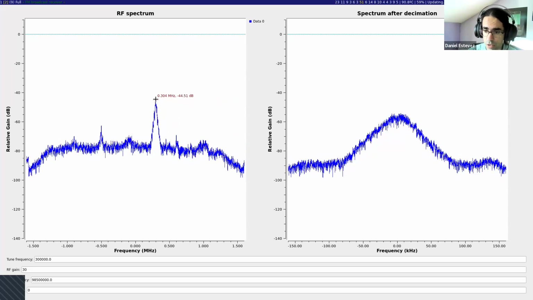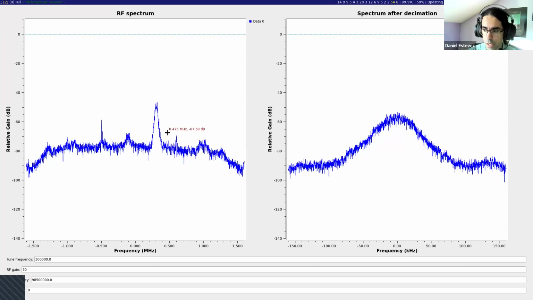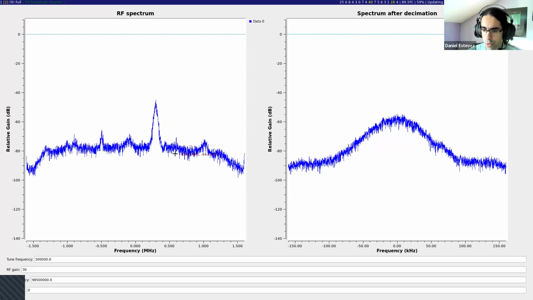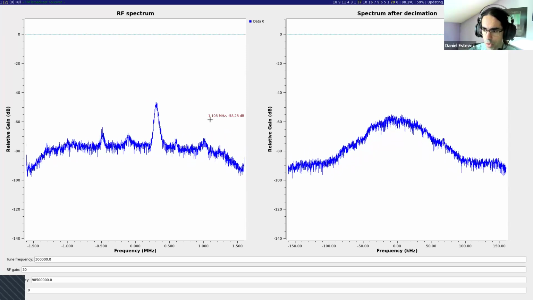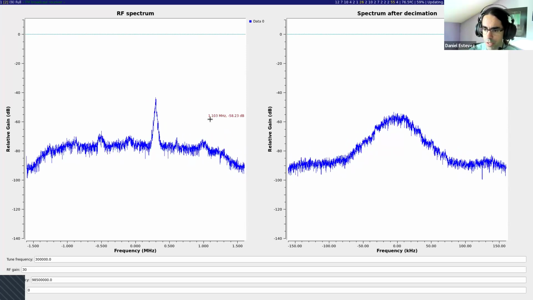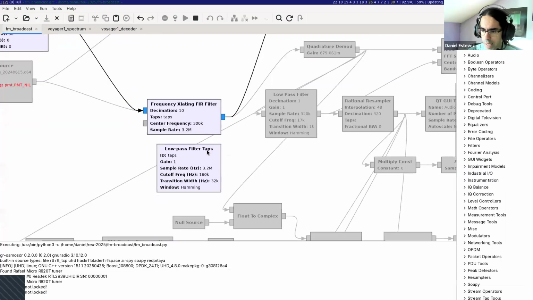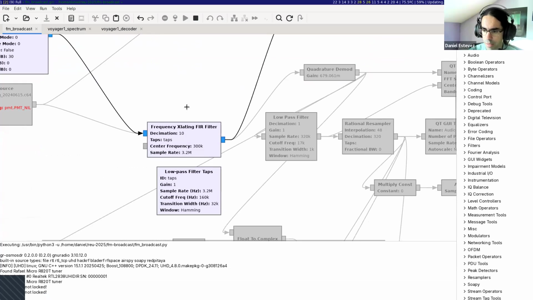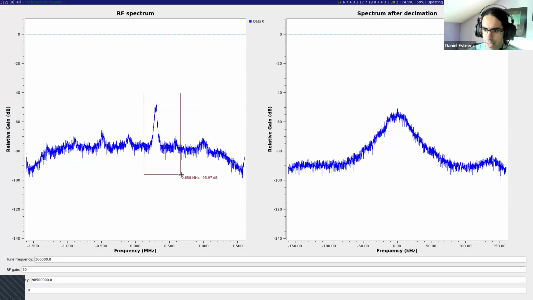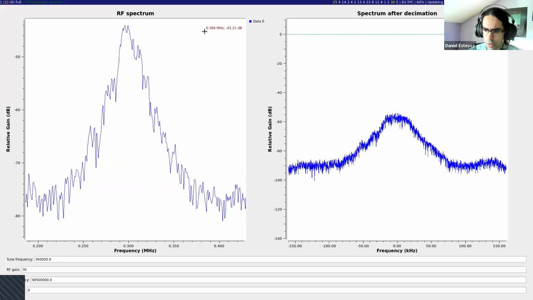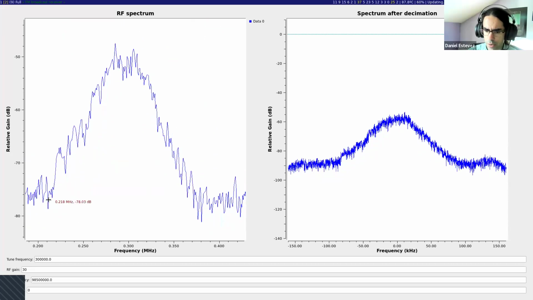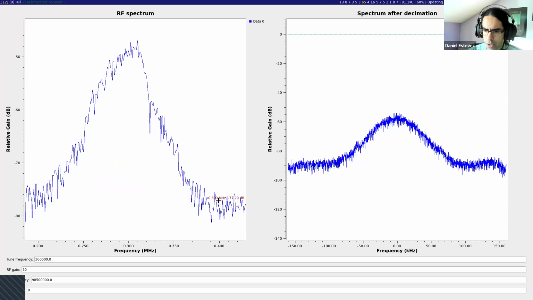The reason for extracting this single station is that we want to remove the power from all the other stations so that they don't interfere with the receiver. We do that the same as before: low pass filter taps, frequency translating FIR filter. How wide is one of these signals? About 300 kilohertz bandwidth should be plenty.